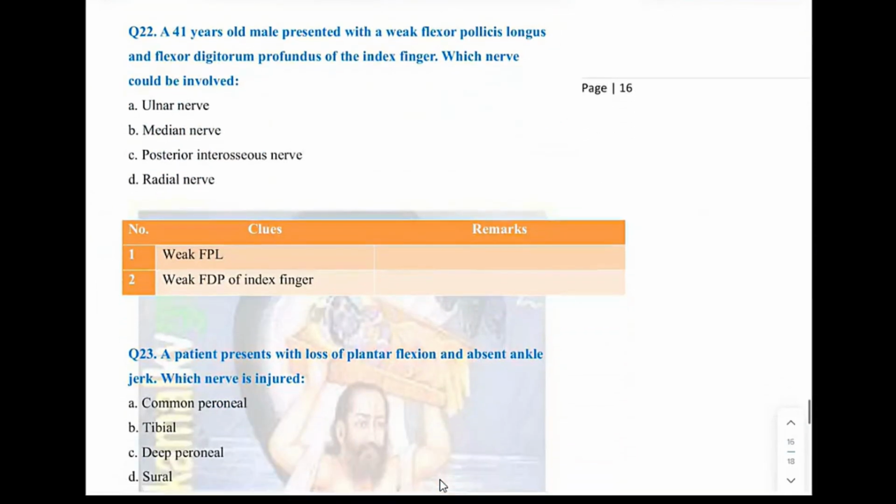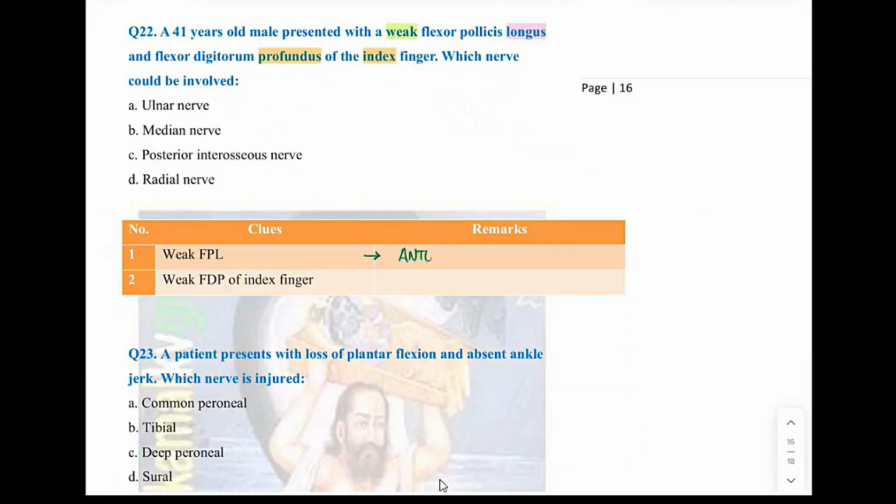The next question, a patient has weak flexor pollicis longus and weak flexor digitorum profundus of index finger. Now this is very important, you should know the nerve supply. If the flexor pollicis longus is weak, it means there is paralysis of the nerve which is supplying it.